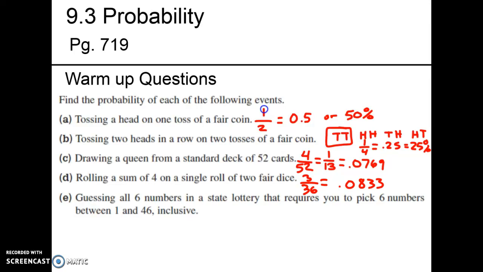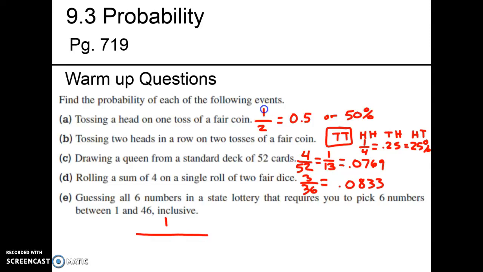And E, guessing all 6 numbers in the state lottery that requires you to pick 6 numbers between 1 and 46. Hopefully this is going to help persuade you to make good decisions.